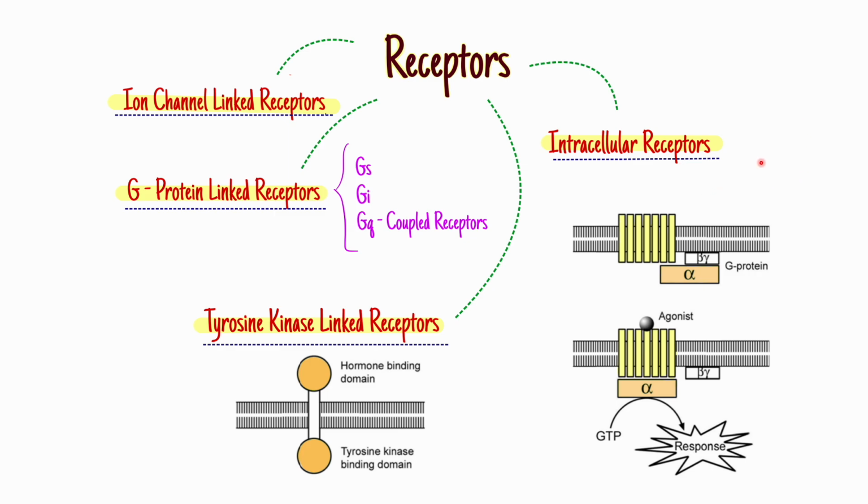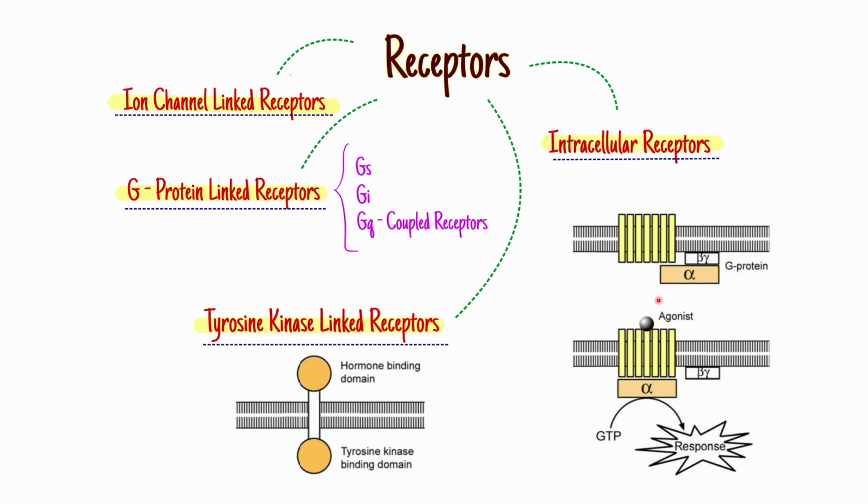For example, we have steroids like corticosteroids, and hormones like estrogen and testosterone, and so on. And once a hormone or a drug binds with these receptors, it will work by changing the expression of the DNA. And by changing the expression of the DNA, we will have the effect that we wish to meet.